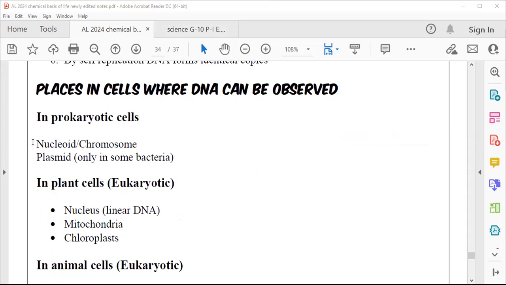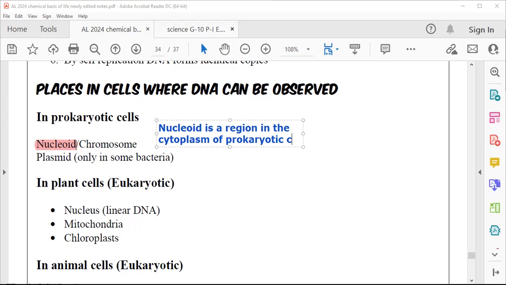Good. So what are the places you can find DNA in a cell? Read this one. Nucleoid. Nucleoid is a region in the cytoplasm of a prokaryotic cell that contains central circular DNA.